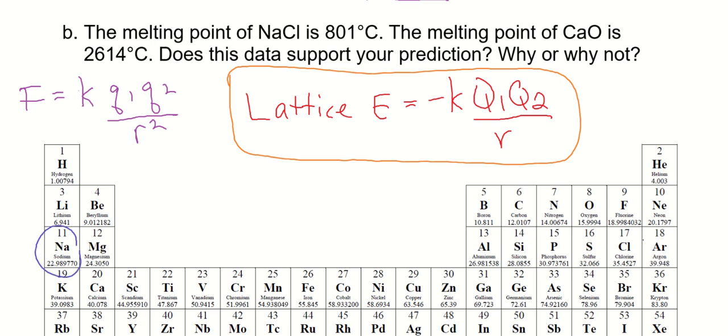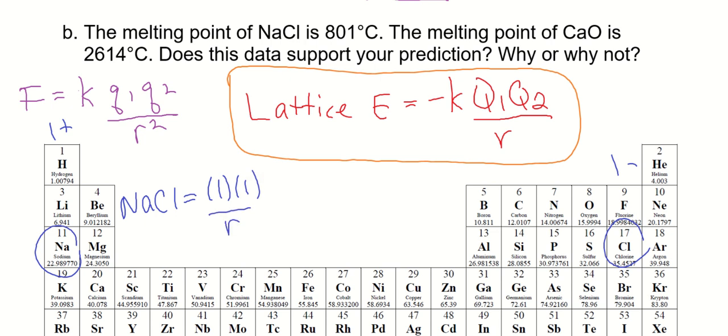Sodium chloride: they both have charges of 1. Sodium has a charge of 1 positive, and the chloride anion has a charge of 1 negative. So for sodium chloride, the lattice energy is, ignoring k for now since it's just a constant, the product of 1 times 1 over r.